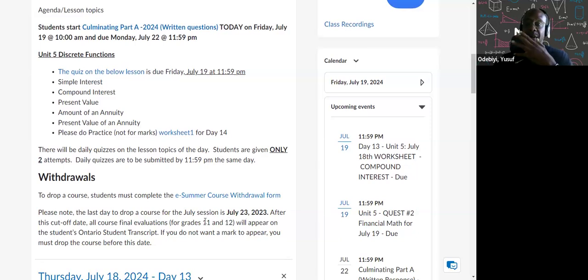On Monday, we should have all your marks in as far as the unit 3 test and unit 4 test. Everything should be marked, and you'll see what your mark is before the deadline to drop the course.